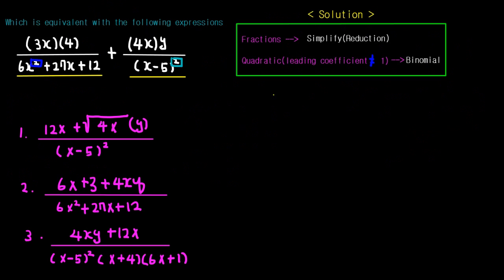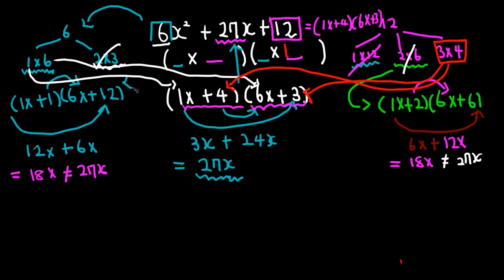So here we can bring our whole expression down, and it is going to be 3x times 4 over, in the denominator, we knew that after we factor this quadratic one, we got the answer 1x plus 4 times 6x plus 3.